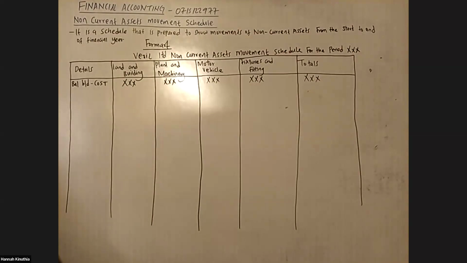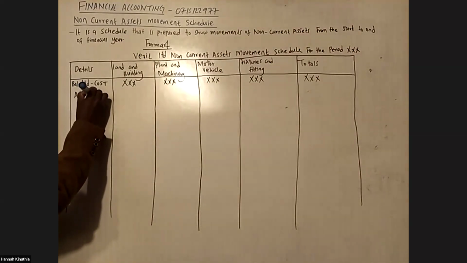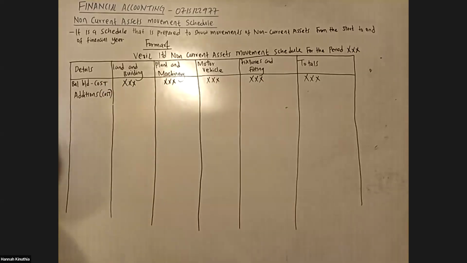Then you do what we call additions. Additions are also on cost. So you put the figure in cost.